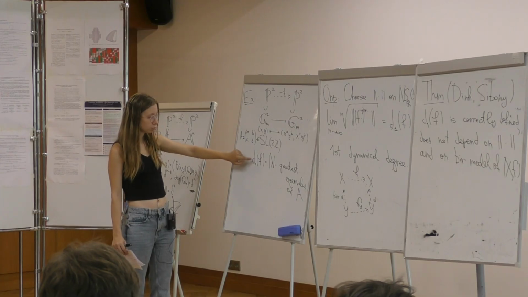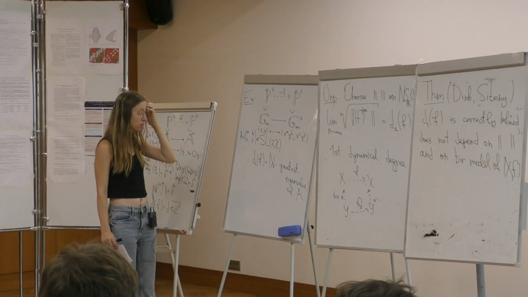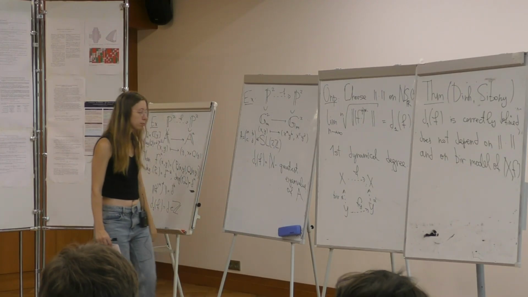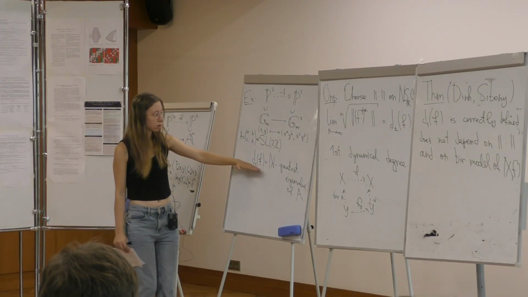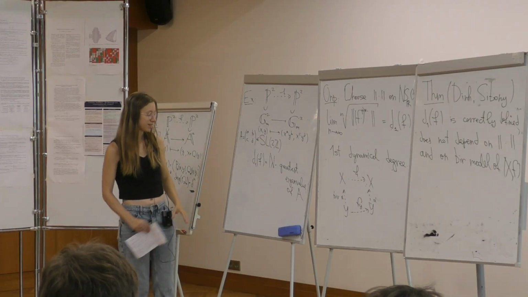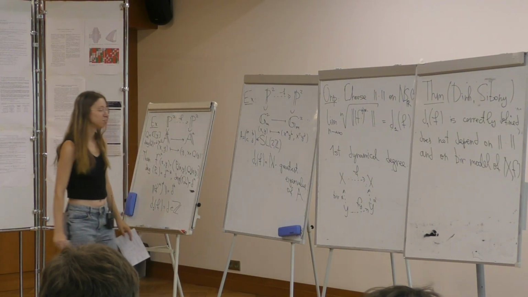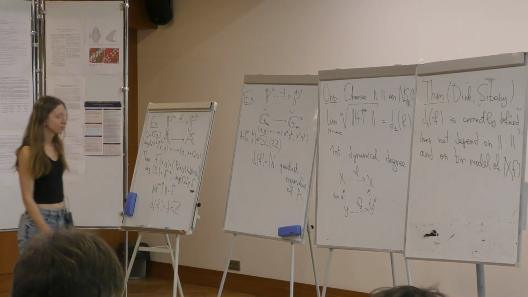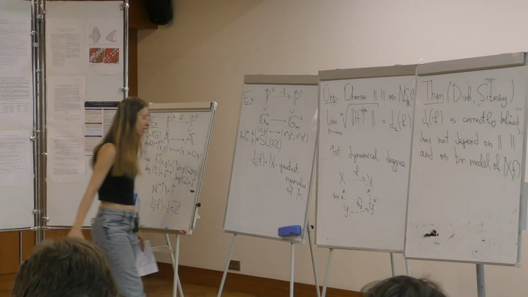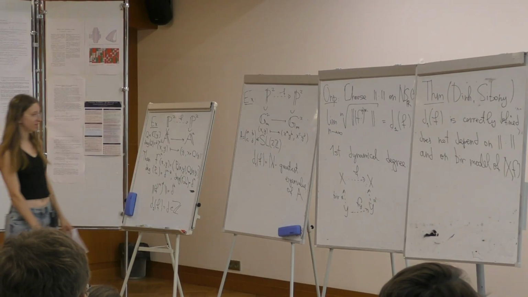Or one eigenvalue is greater than one and another is less than one, and both of them are real. So d1 is either 1 or a quadratic reciprocal number. So there are many possibilities for dynamical degrees.